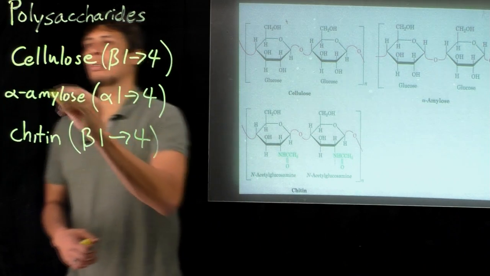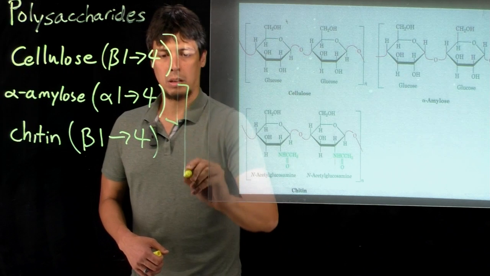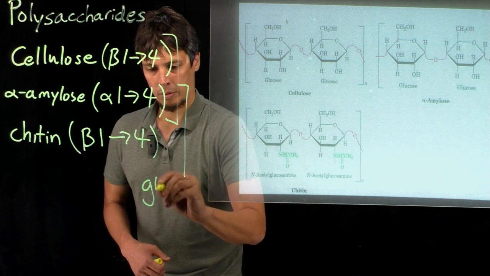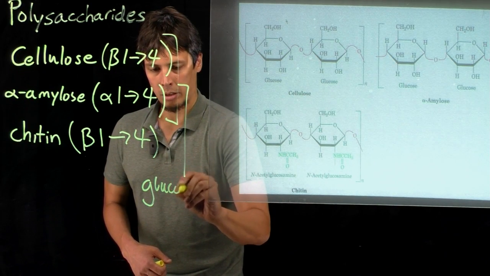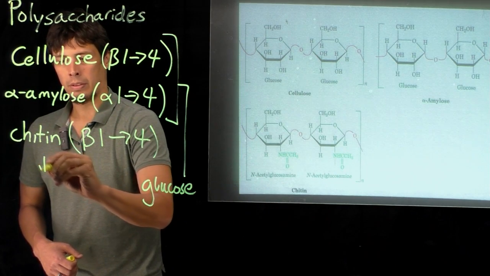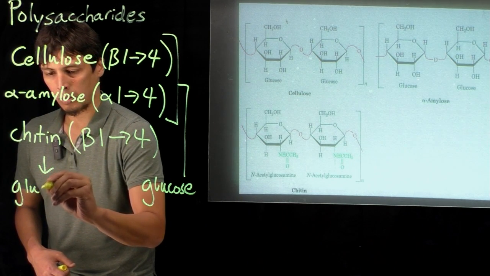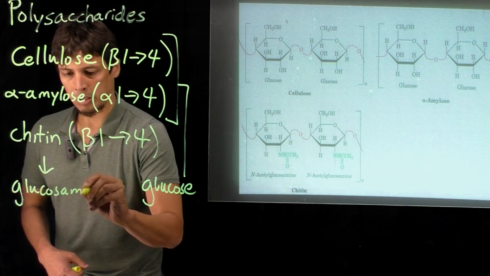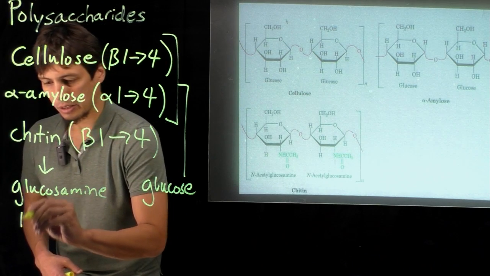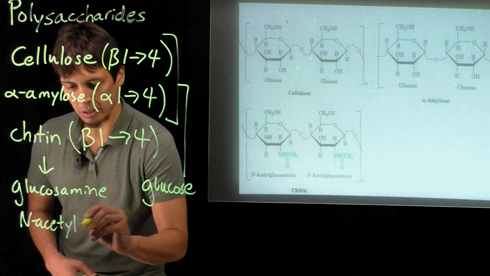And so while these two are largely derived from glucose, this one is from glucosamine, or more correctly, N-acetylglucosamine, because that functional group on the 2 carbon is an N-acetyl group.